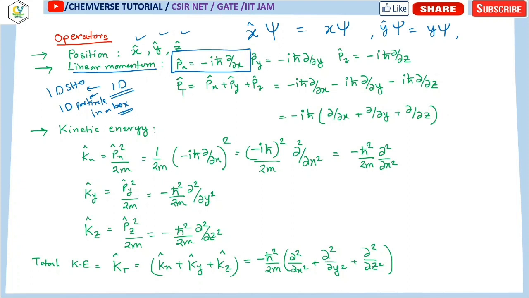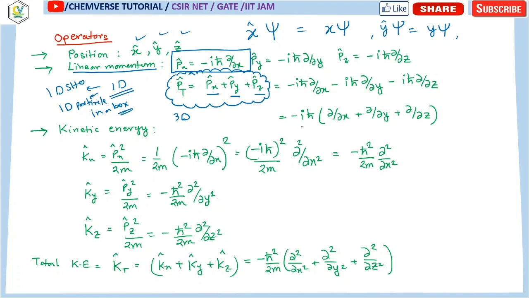When it is a 3-dimensional problem, we have to consider 3 coordinate axes, and that is why the total linear momentum for a 3D system will look like the summation of px, py and pz.